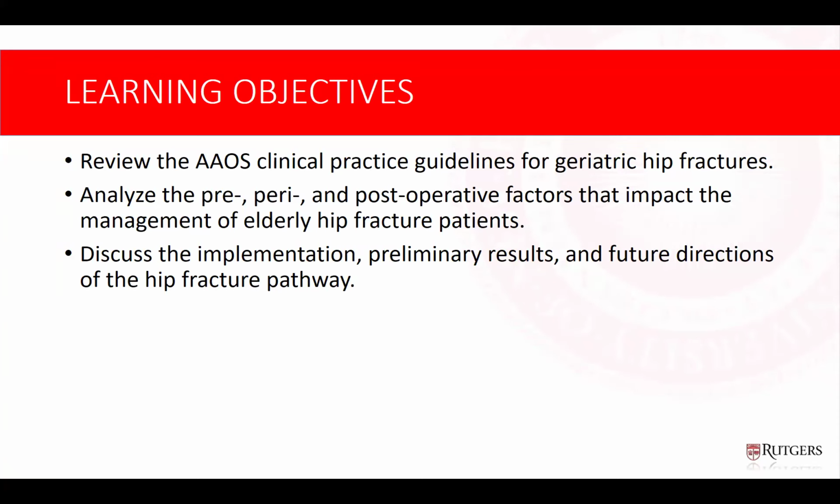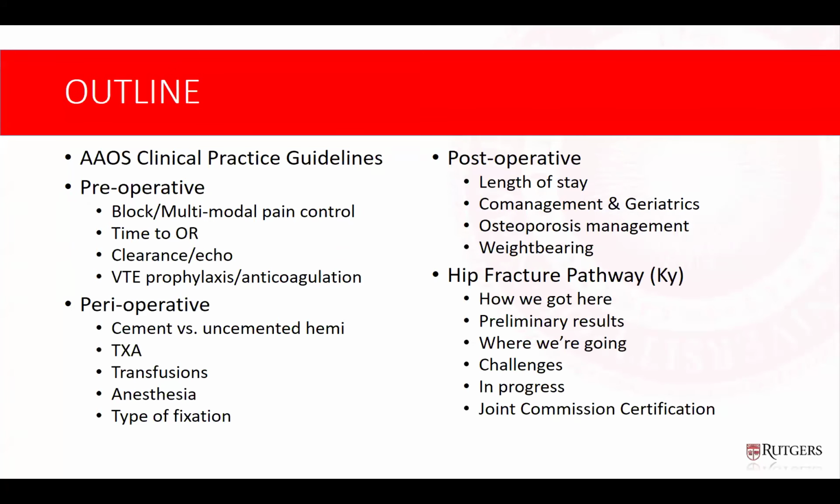I'll introduce that, and then I'll let Kai give her presentation at the end. As a brief outline, there's a bunch of factors that impact the outcomes of these patients, and I broke them down into these three broad categories. And then at the end, we'll talk about the pathway.